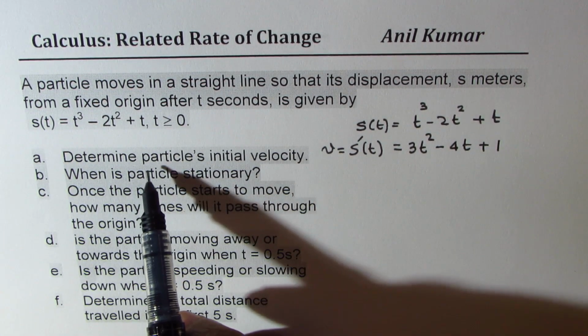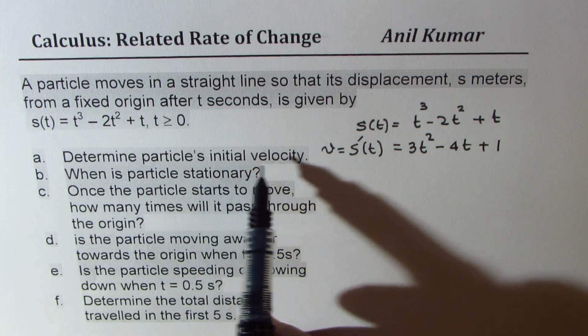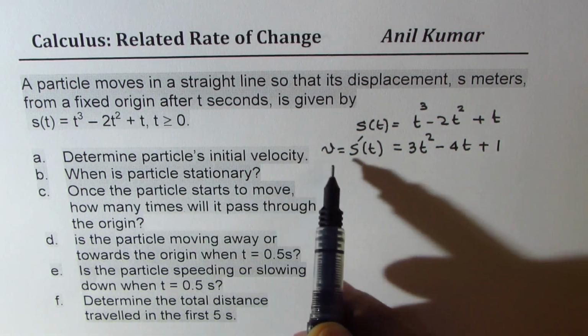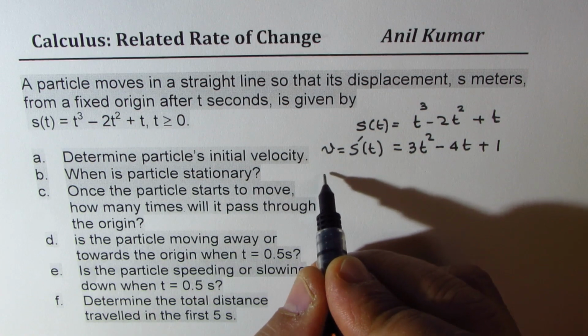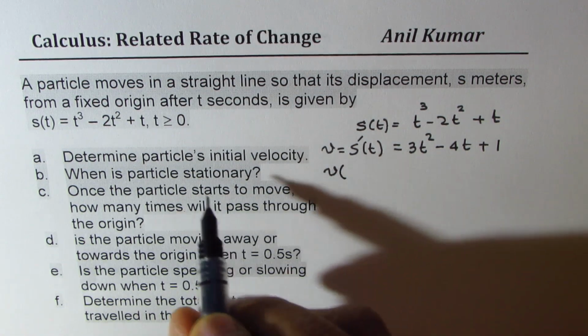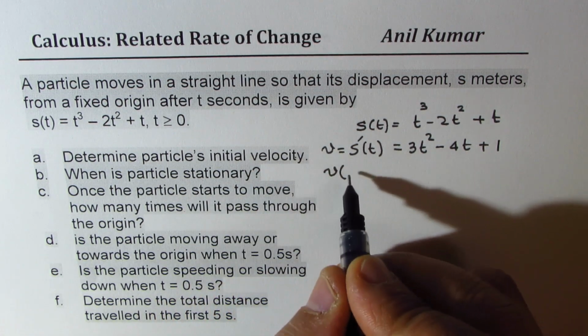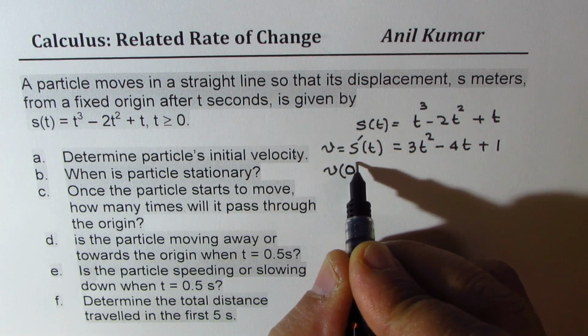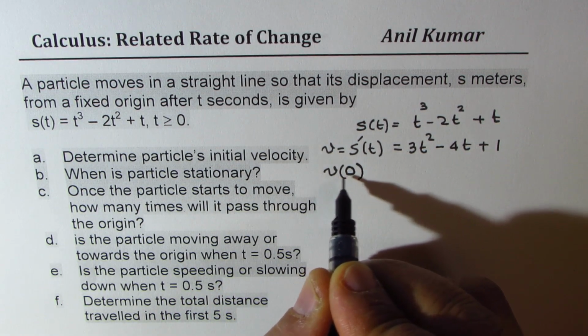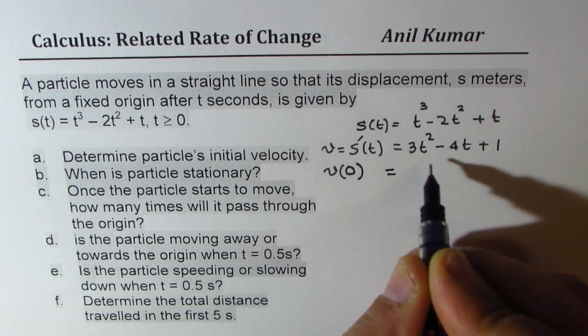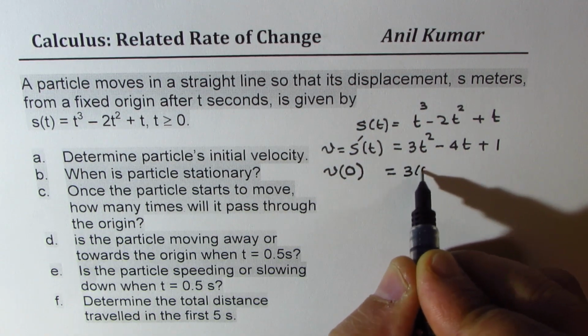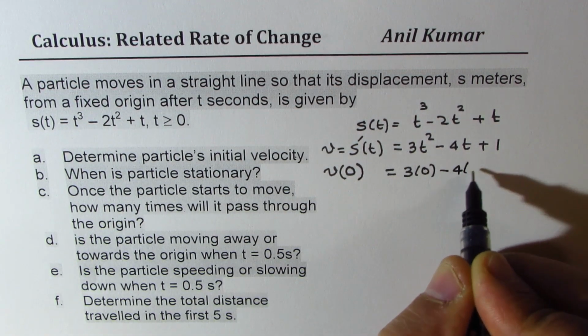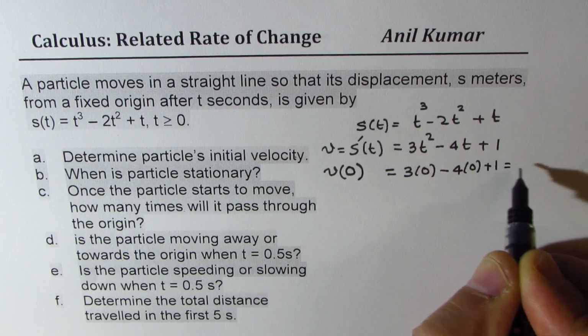Part A is determine the particle's initial velocity. That means this velocity, which is now a function of time. Initial means when t equals 0. So basically we want to understand what is the velocity when t is 0. Right? So substituting 0 here, we get 3 times 0 minus 4 times 0 plus 1, which is 1.